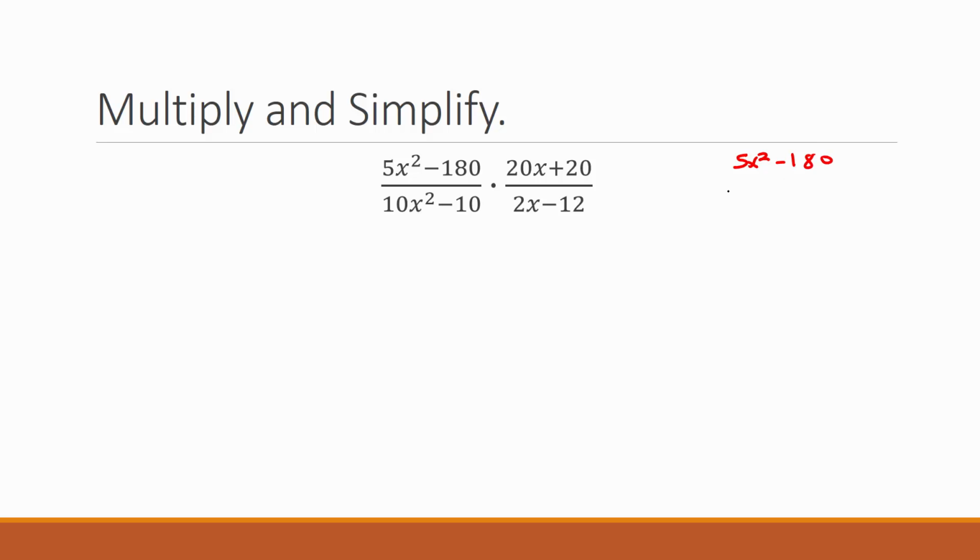So the first thing we have is a GCF of 5. x squared minus 36. However, it's not completely factored because we have this difference of squares here. So now we have 5 times x plus 6 times x minus 6 using our difference of squares rule.